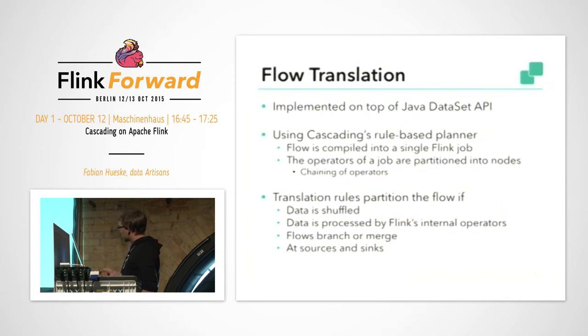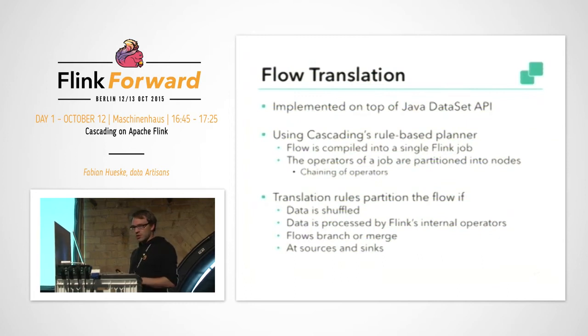The translation rules are written in a way that we have to create a new node, a new group of operators, whenever data is shuffled, whenever data is processed by Flink's internal operator. So we need to get out of the Cascading context and put some data into the Flink context for processing.